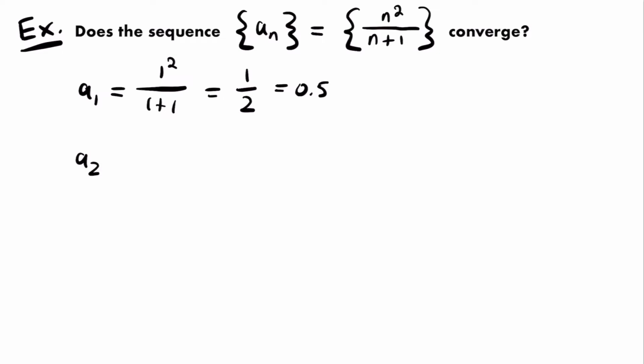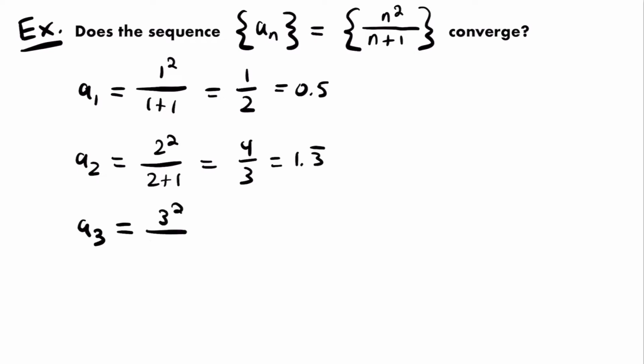And then a sub 2 will be equal to 2 squared divided by 2 plus 1, and that will be equal to 4 thirds, and that's equal to 1.3 repeating. Then for a sub 3, that's going to be equal to 3 squared divided by 3 plus 1, and that will be equal to 9 divided by 4, and 9 fourths is equal to 2.25.